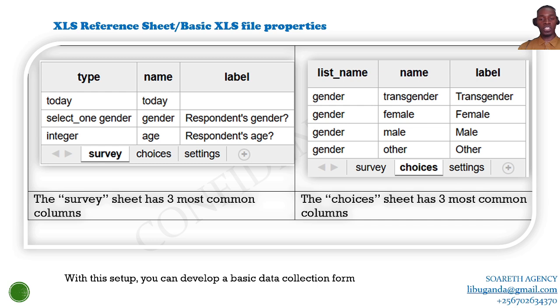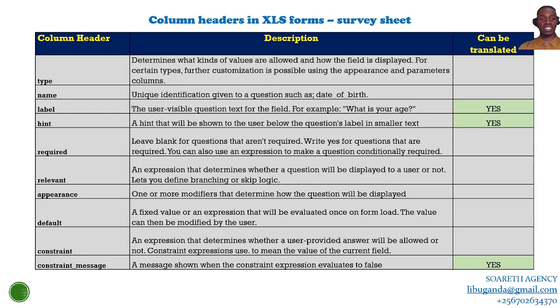We want to control the quality of data even in the field so that errors are minimized right from the collection point. Once that is done, then we get minimal or no errors at all. So with this, you can develop a basic data collection form, but let's dive in and become advanced.